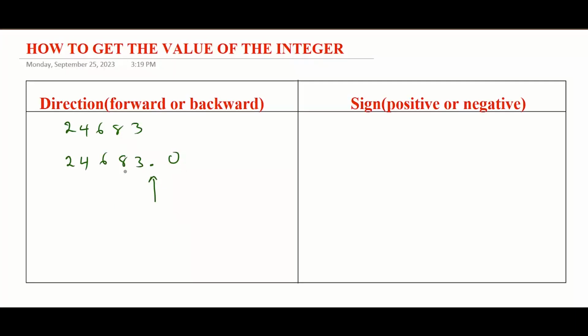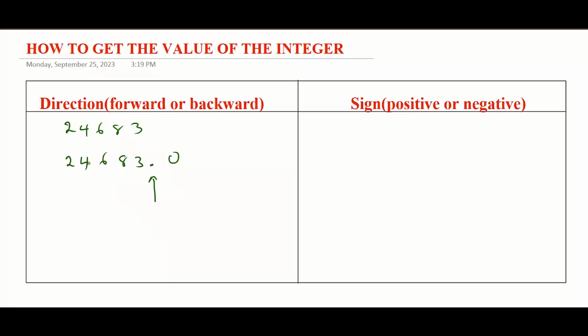I'm sure that I have to count towards this direction. Then the next thing I need to do is to form my standard form number. If I put it here, it will be 2468.3. Of course, it does not meet the criteria. Don't forget that the standard form number can only be between 1 and 10, excluding 10.